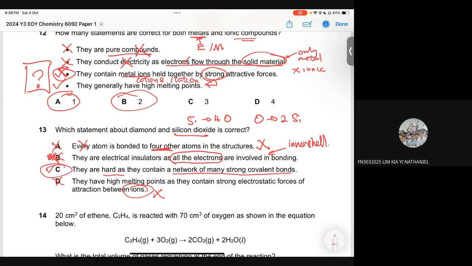B is a common error. A lot of students picked B. I realize that the word all electrons is the distractor, the one that helps you to know that it is wrong.